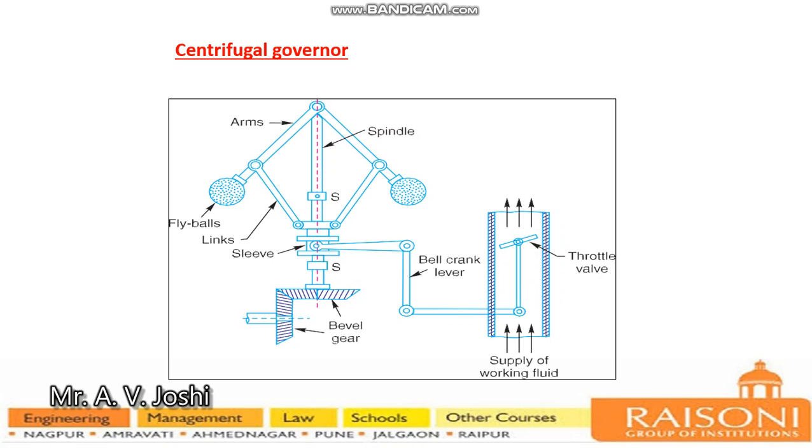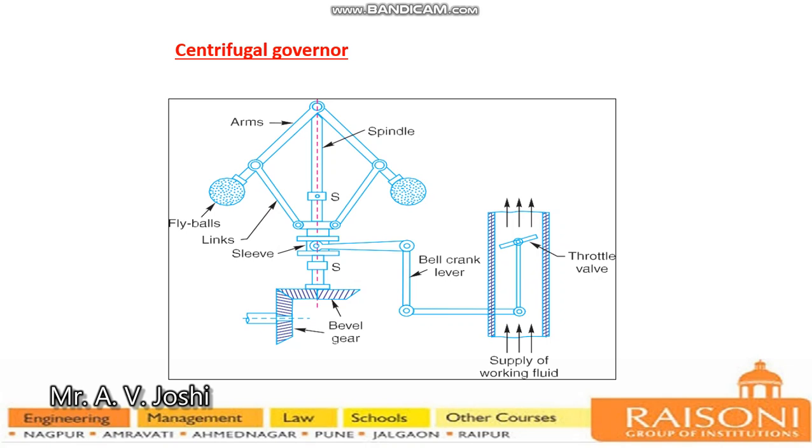Now I am explaining the working of a centrifugal governor. Centrifugal governors are based on the balancing of centrifugal force on the rotating balls by an equal and opposite radial force.